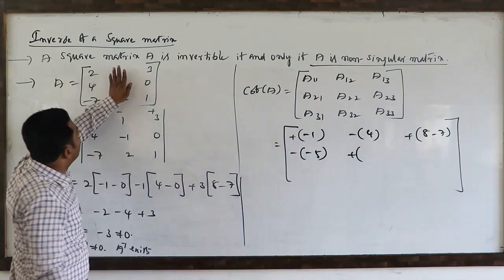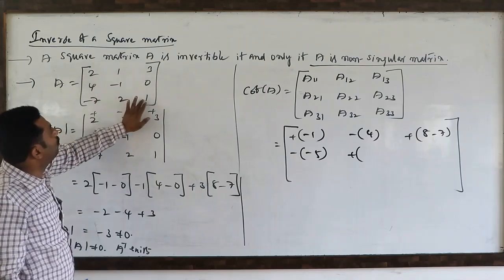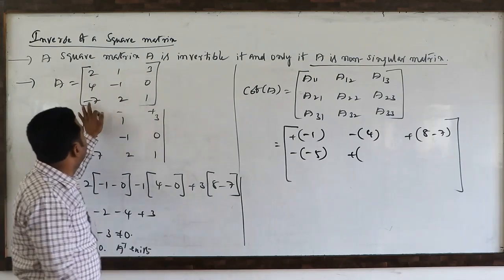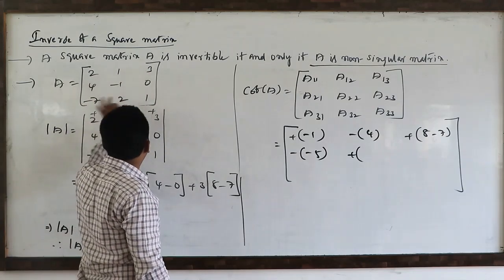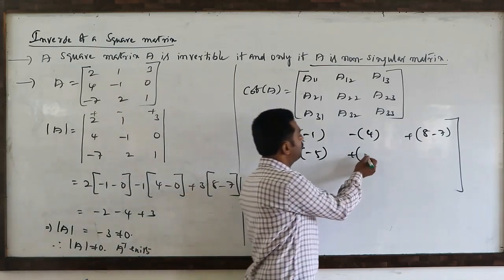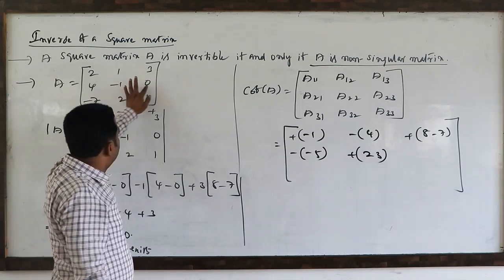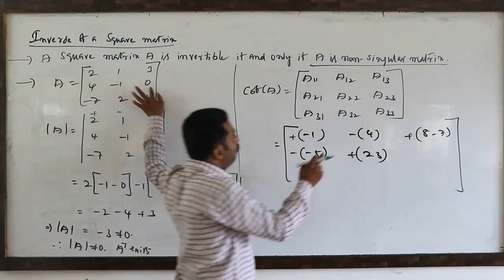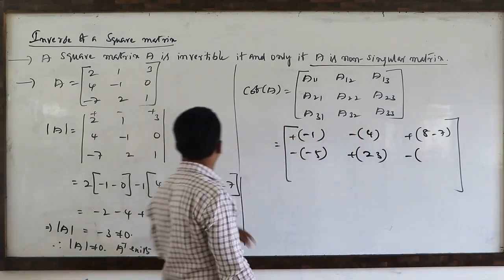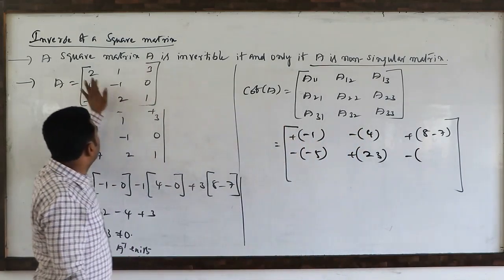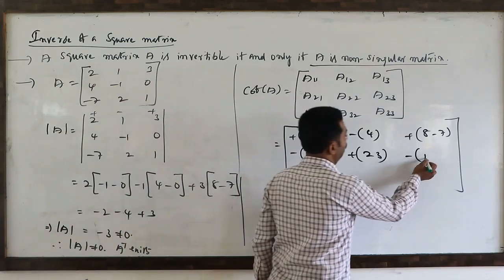Second row, second column you delete. 2 into 1, 2, plus 21. So 2 plus 21 is 23. Next, this is 2 plus 3, 5, odd number, negative sign. Second row, third column, 4 plus 7, 11.